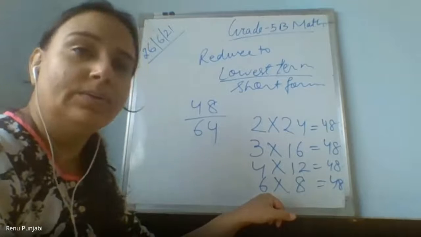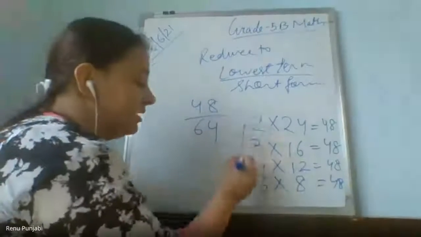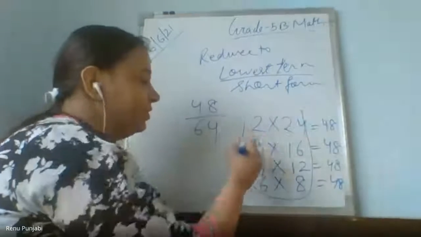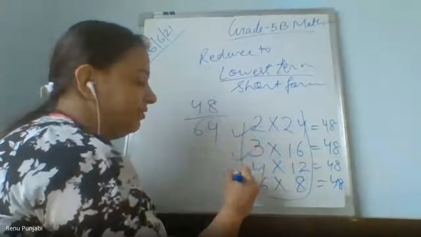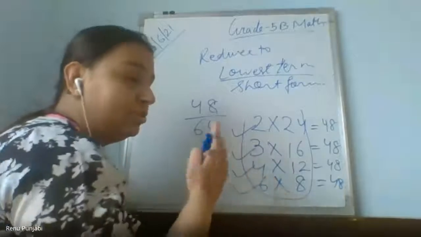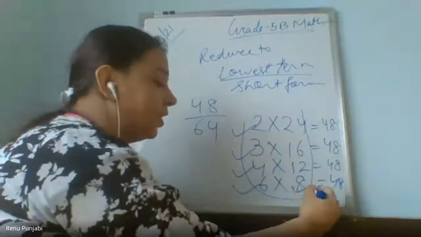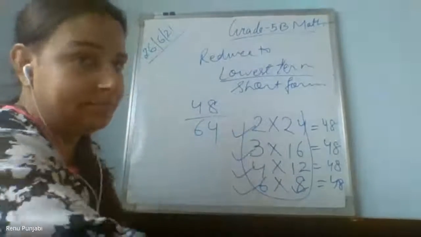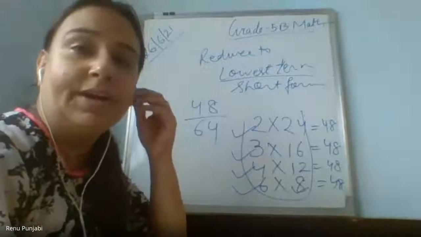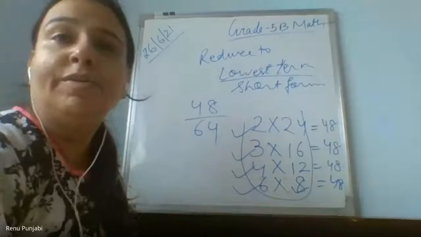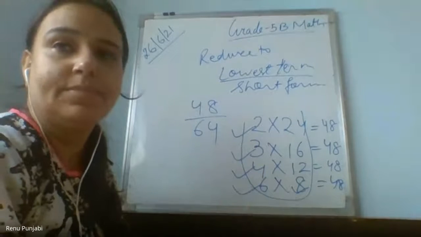Yes or no? Yes, ma'am. We have done with 2, 3, 4, 6, but you said 7 doesn't work, 8 is already there, 9 doesn't work, 48 doesn't come in the table of 9, and in 10 also not, so we stop. Okay?